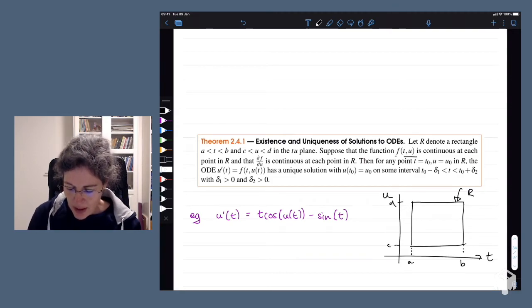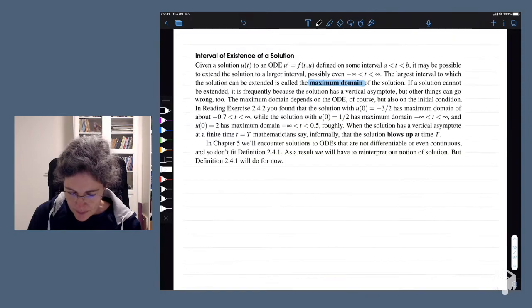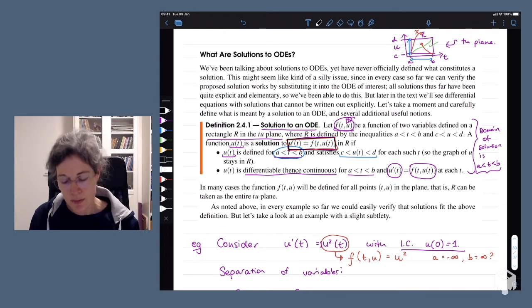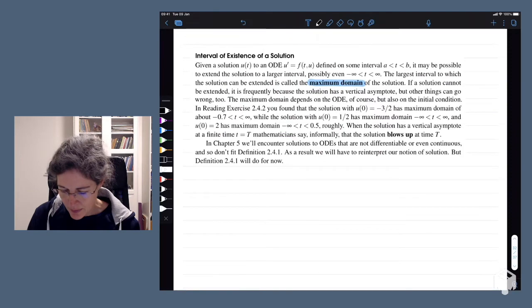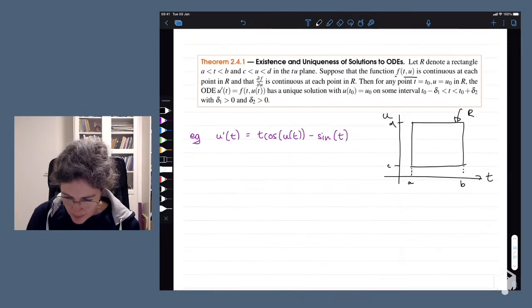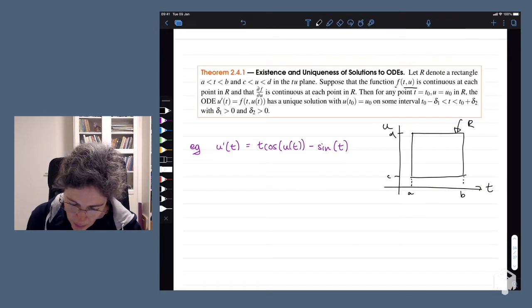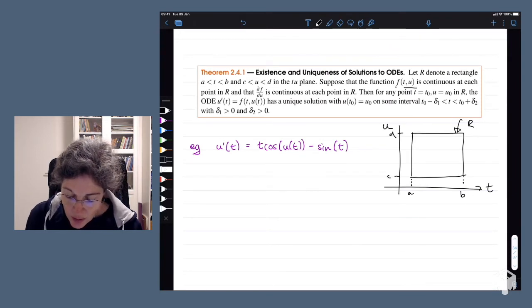So remember that function was the thing that we were going to make our du by dt equal to. Okay, so we're going to assume that our function is continuous at each point in R.